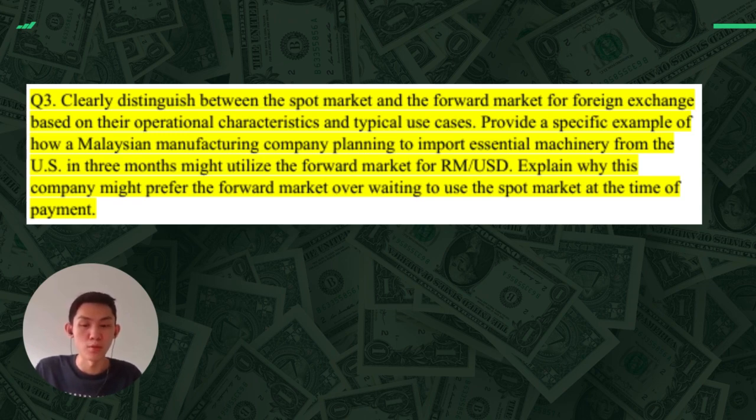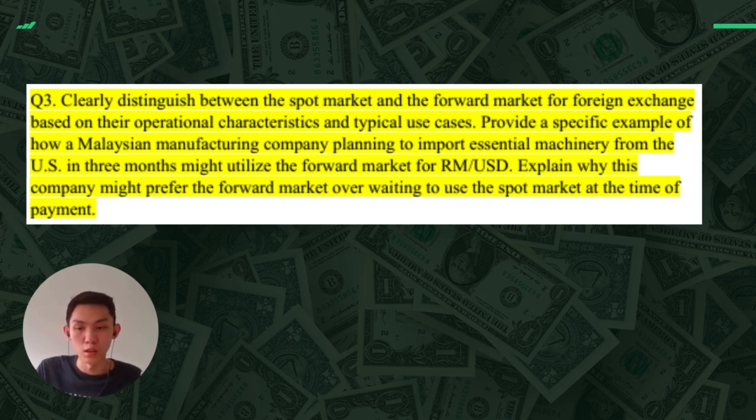Okay, so this is if the company waits for the spot rate. If the spot rate changes, depreciation or appreciation, it will get a different total cost. So we assume another situation as well, which is the company chooses to use the forward market. So the guaranteed cost, because in the forward market, it won't change the exchange rate because we already locked in. All right, so the guaranteed cost will be $1 million times 4.25.